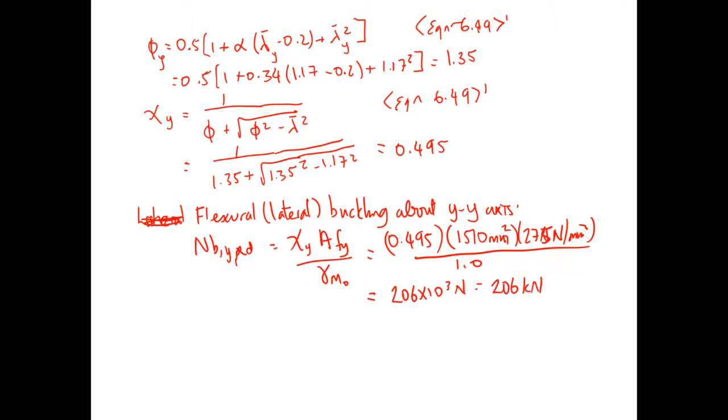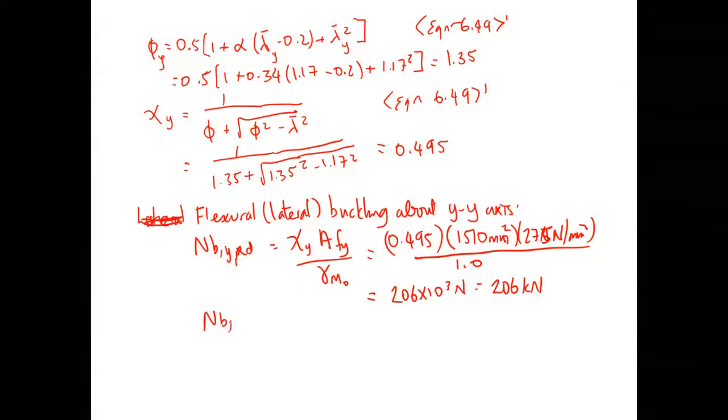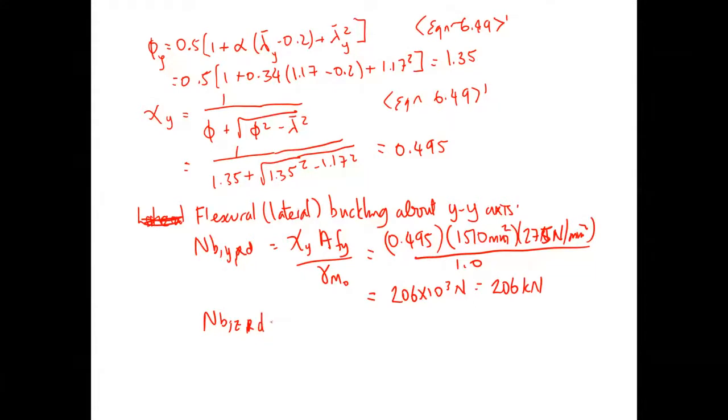Okay, so that's about the YY axis. We said that also the NbZRd is the same, because NbyRd equals 206 kilonewtons.